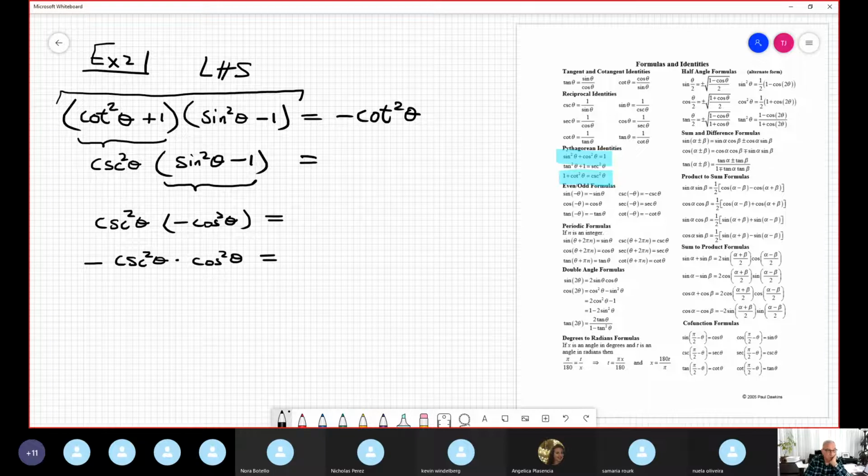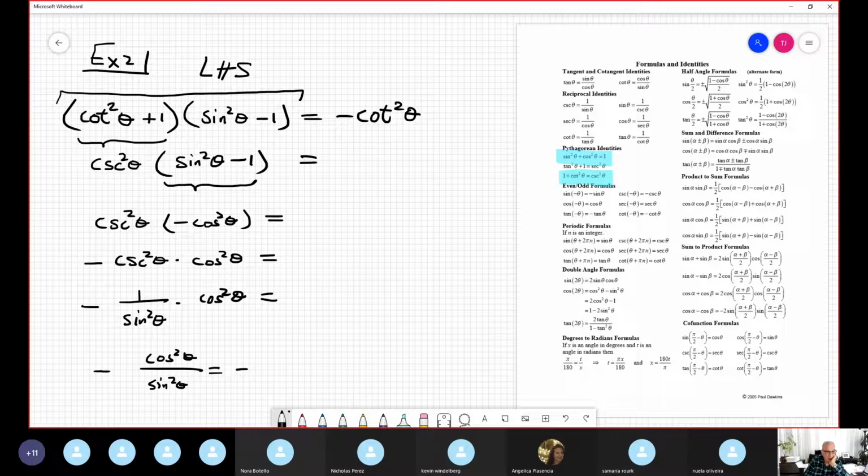Cosecant, I know, is the reciprocal of sine, so it's 1 over sine square theta. One good idea always is to replace cosecant, secant, and cotangent by sine and cosine, even the tangent, using sine and cosine. And now I have minus cosine square on the top divided by sine square on the bottom.